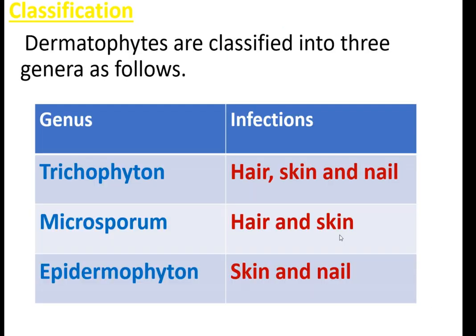Coming to the classification, we have three genera: Trichophyton, Microsporum, and Epidermophyton. Trichophyton infects hair, skin, and nails. Microsporum infects hair and skin, and Epidermophyton infects skin and nails. These are the three genera which collectively cause dermatophytosis.